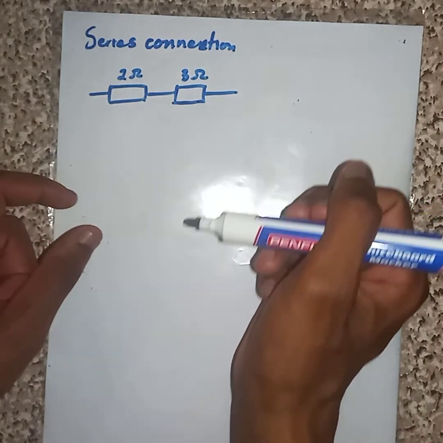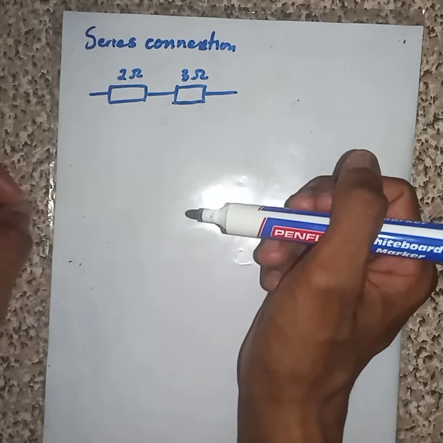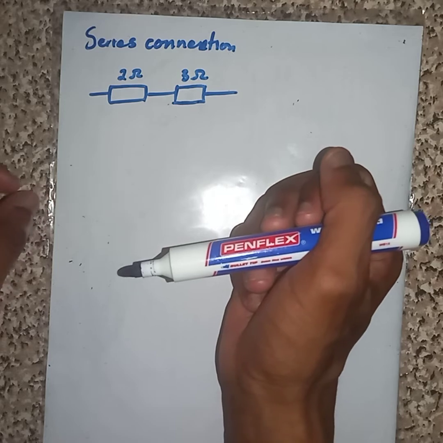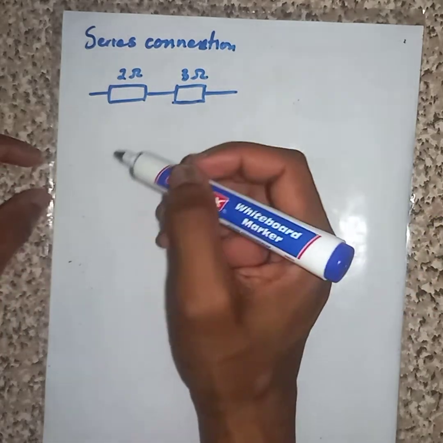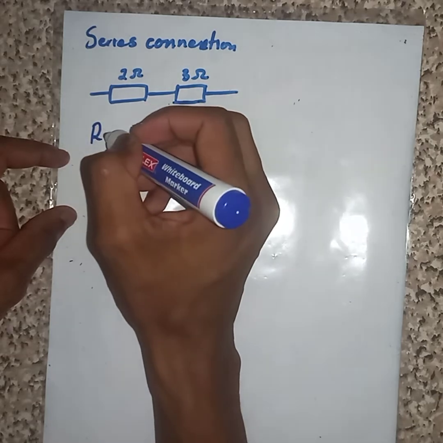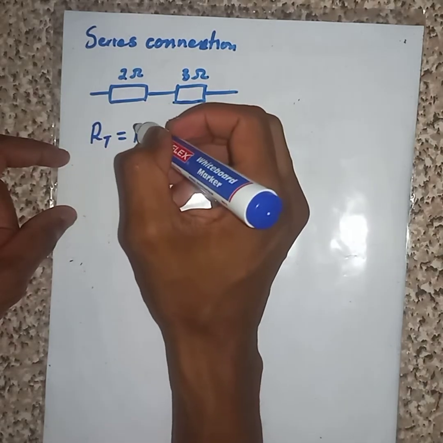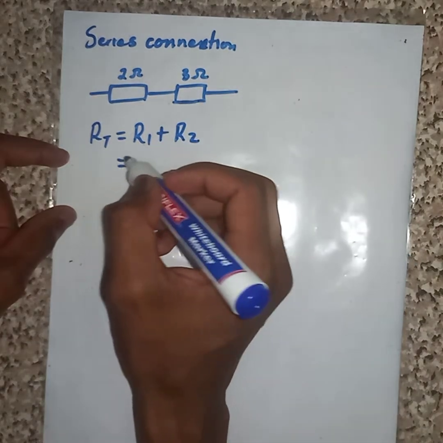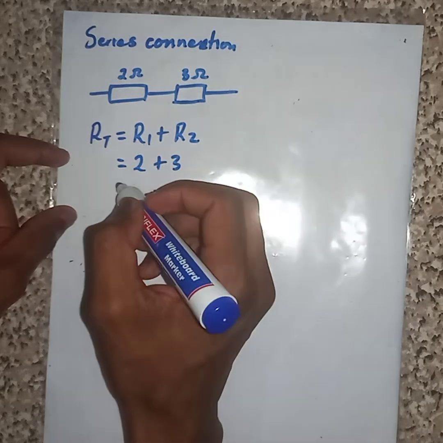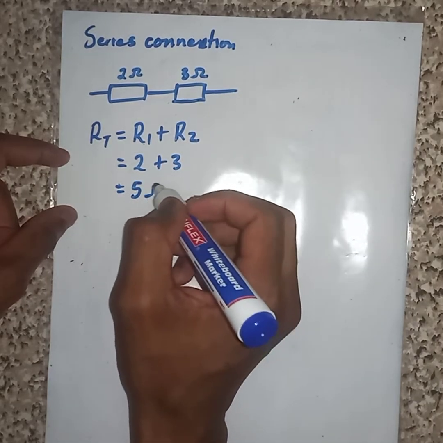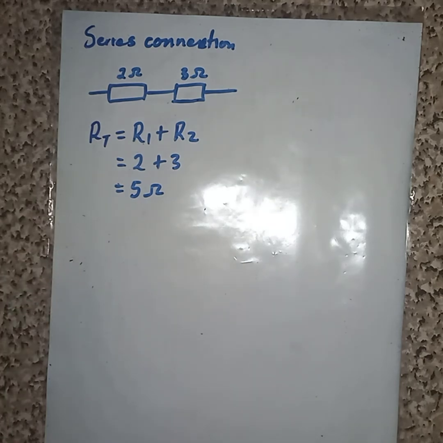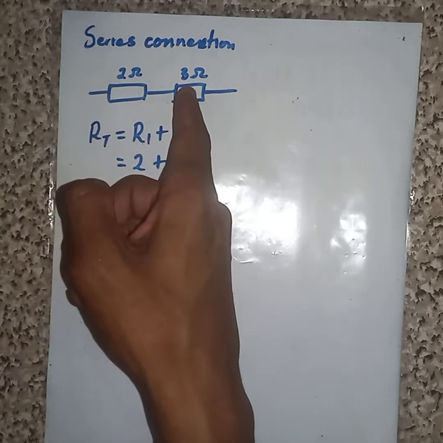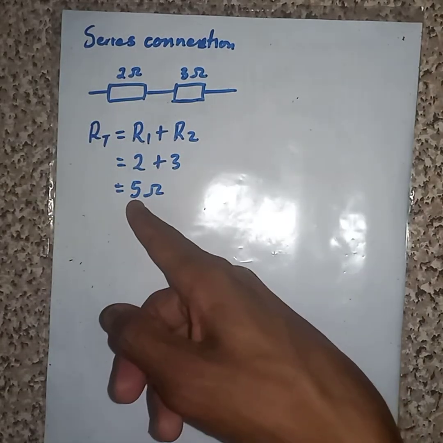Then I want to know how I will calculate these given resistors, especially in a series connection. It's so simple. For us to find R total, we are going to add R1 together with R2, which is going to be 2 plus 3. Your final answer is going to be 5 ohm. Bear in mind, we have 2 and 3, but when we add them together, we get 5.